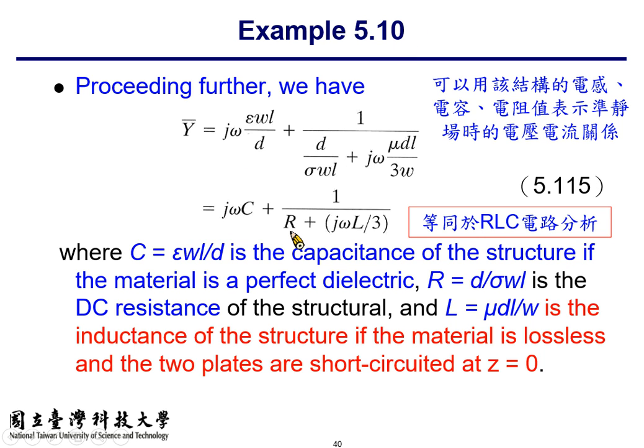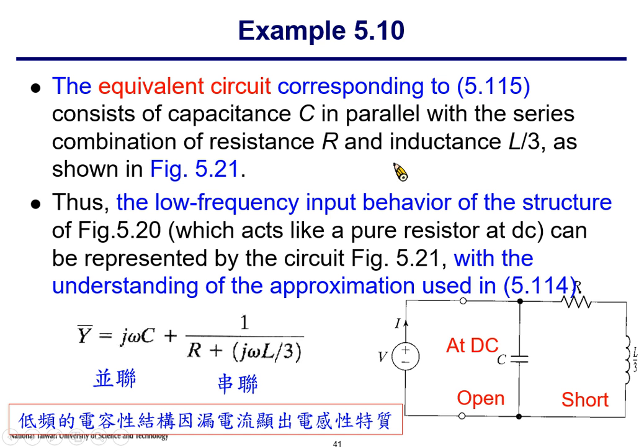J omega C plus 1 over R plus J omega L divided by 3. And we can represent it graphically as this.